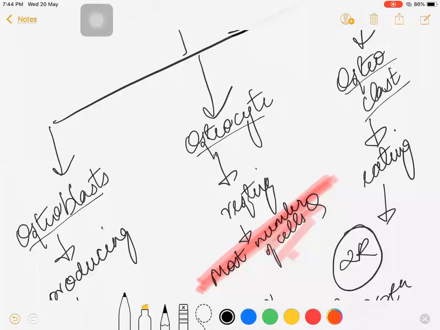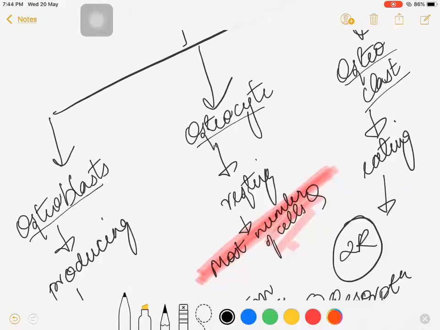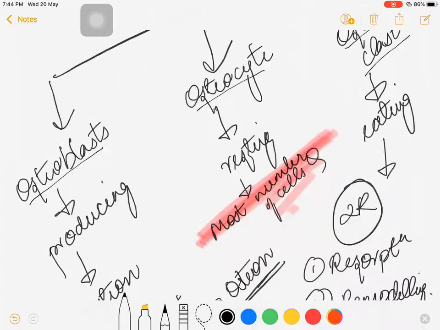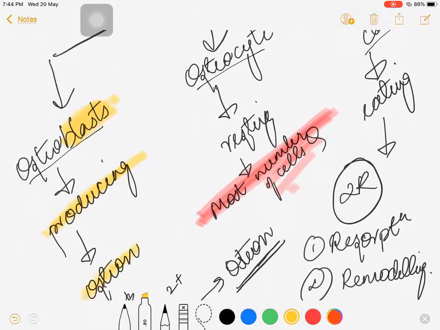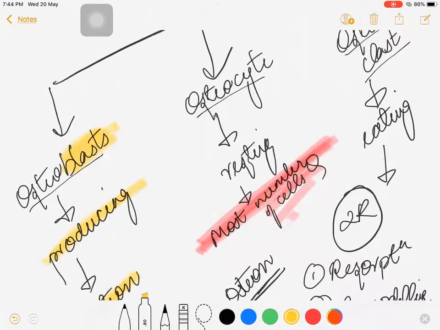So we'll be looking at three main cells in the bone: osteoblasts, osteocytes, and osteoclasts. Osteoblasts are basically bone producing cells, and they are important for the formation of osteon. Osteocytes are basically the grandparents in a bone.